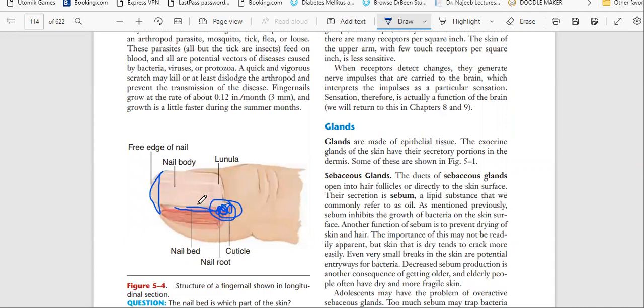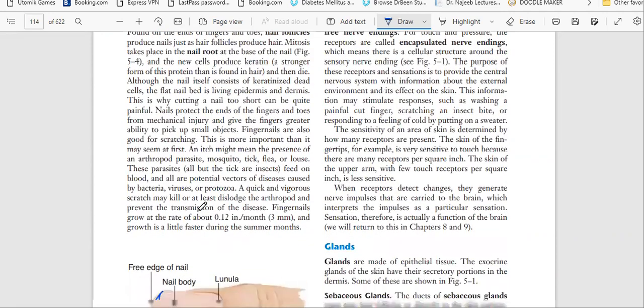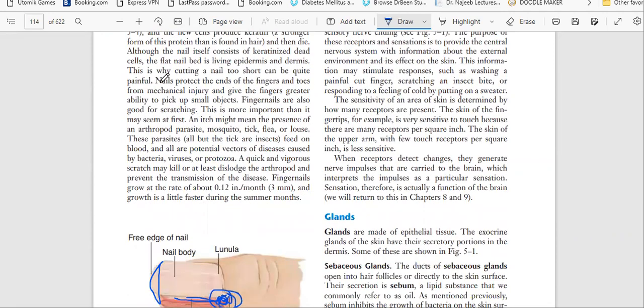So whenever we cut the nails too far inside, we get pain, because it is attached to the dermis layer. The nail protects the ends of the fingers and toes from mechanical injury and gives the fingers great ability to pick up small objects. So, what is the use of the nail?